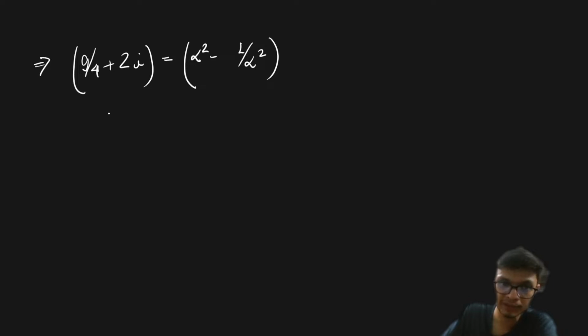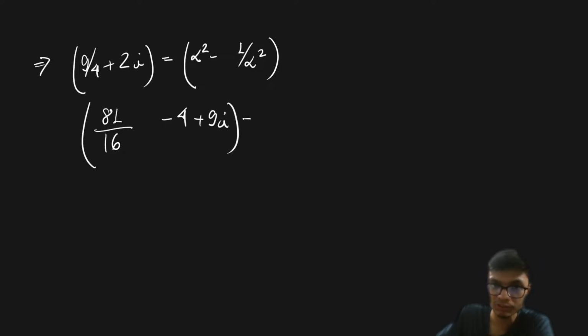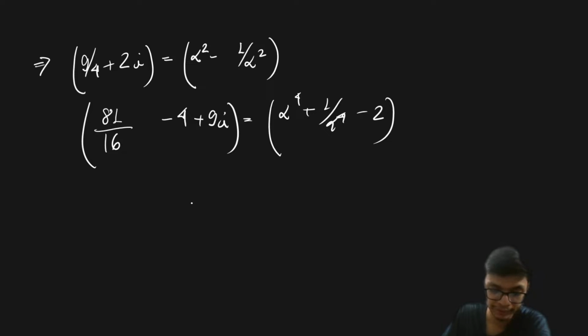Now I can take a square on both sides, and that will give me 81 upon 16 minus 4 plus 9 iota, which is simply equal to alpha to the power 4 plus 1 by alpha to the power 4 minus 2.